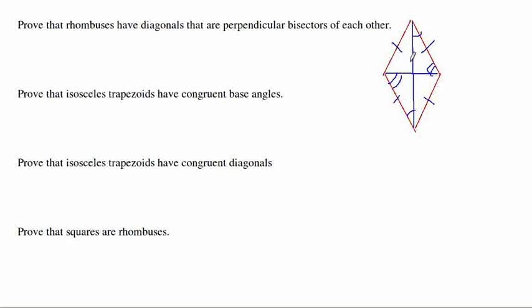So if I label this triangle 1 and this one triangle 2, then I know that those 2 triangles are congruent by the ASA theorem. Therefore, I know that I have these 2 sides congruent, and I have these 2 sides congruent.